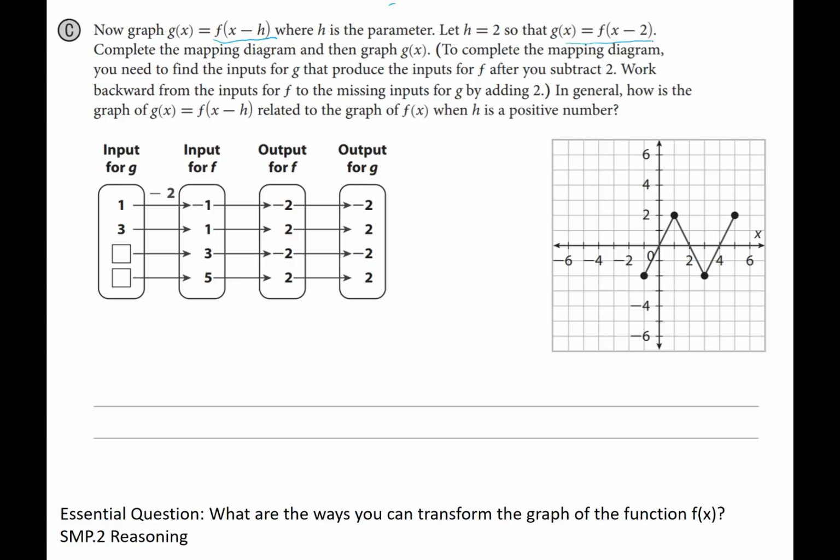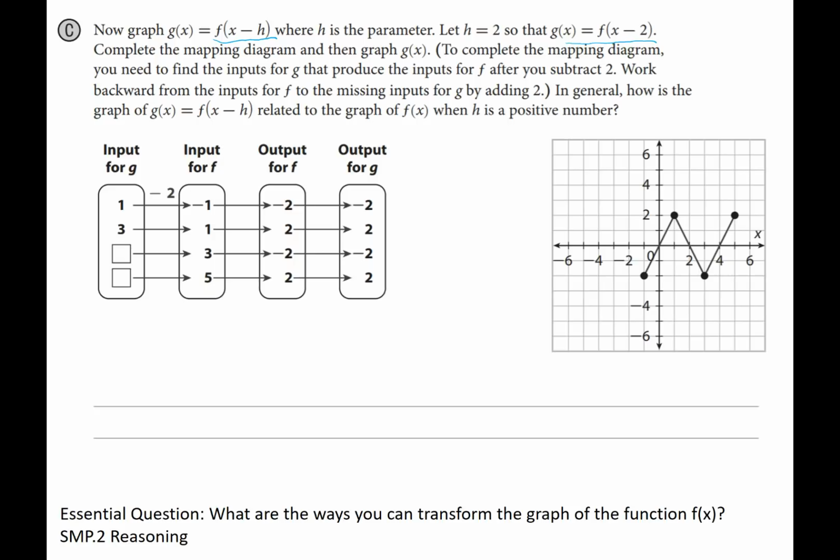And we're going to graph this, complete the mapping diagram, and then graph g of x. To complete the mapping diagram, you need to find the inputs for g that produce the inputs for f after you subtract 2. Work backwards from the inputs to the missing inputs by adding 2. So basically, let's understand how this worked.